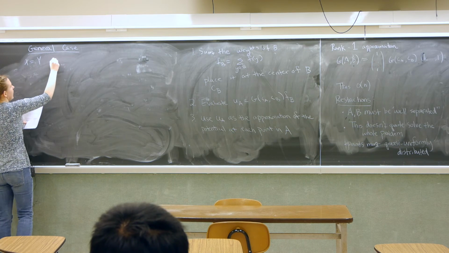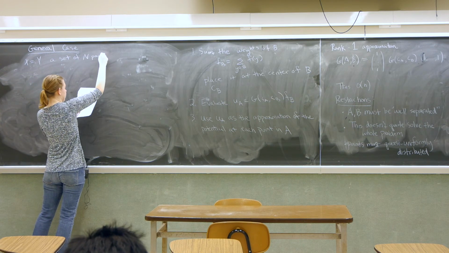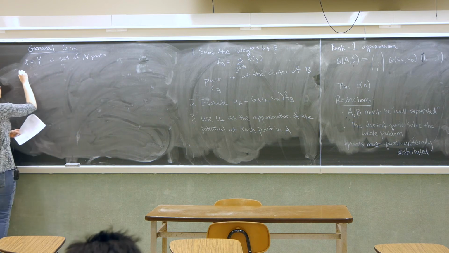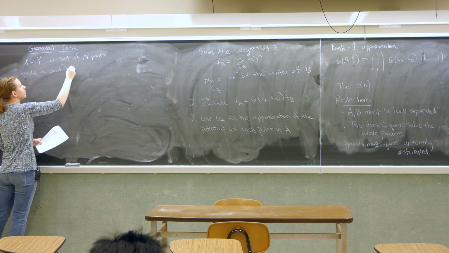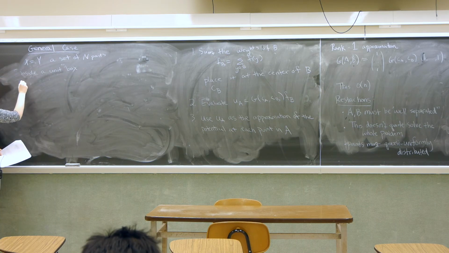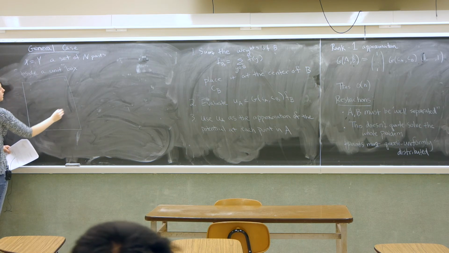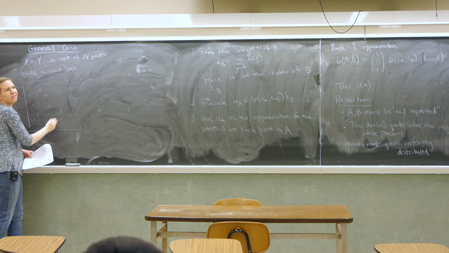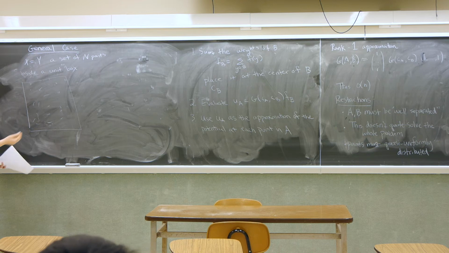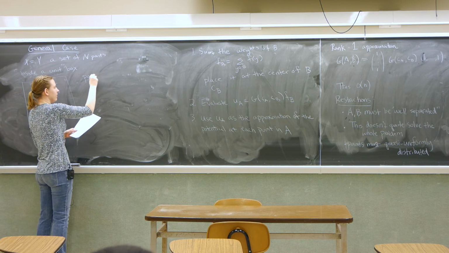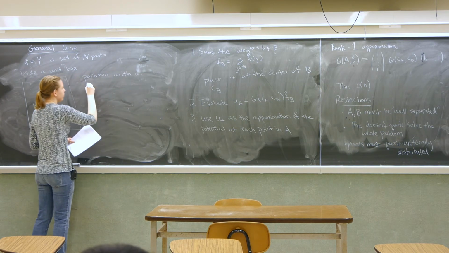And it's a set of n points inside a unit box. A lot of points. Okay, so what we do is we partition with a quad tree structure.